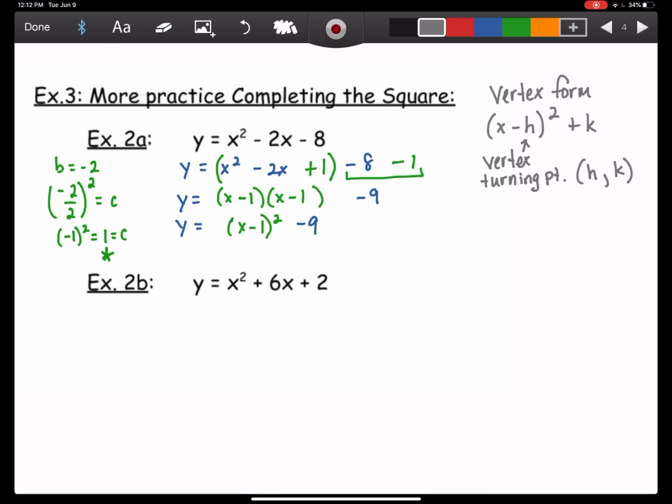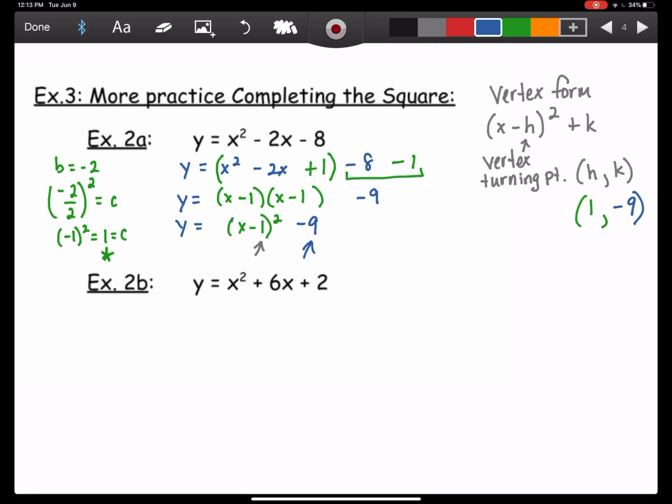Okay, let's keep going over here with the blue and the green writing. So, what do we get from all of this? Well, we're going to pull the h out of this vertex form. So we get 1, comma, and then we're going to take our k, which is -9.